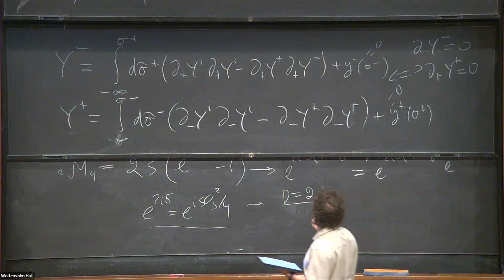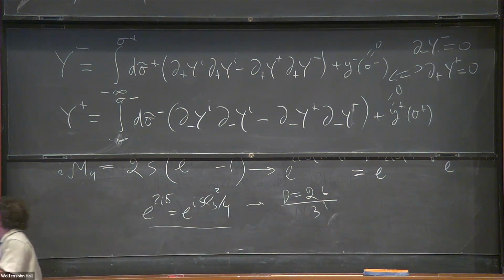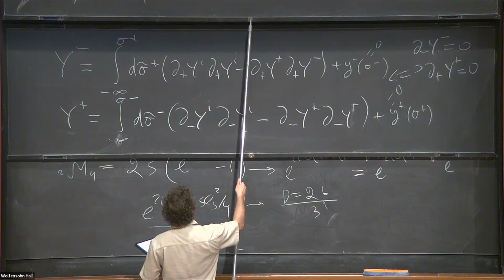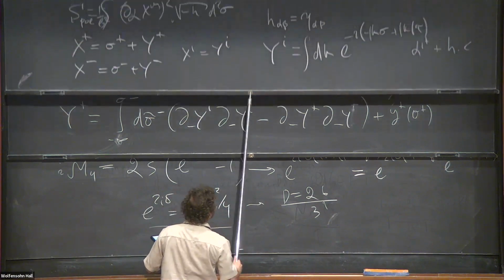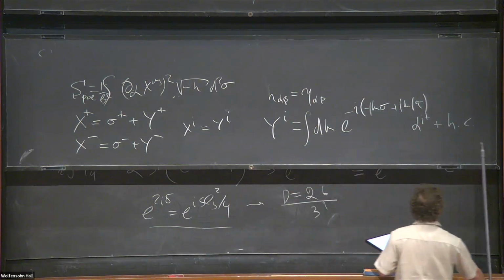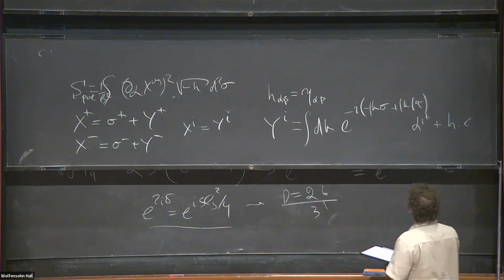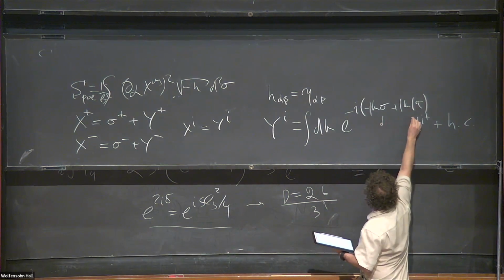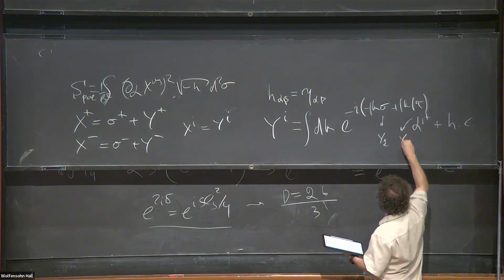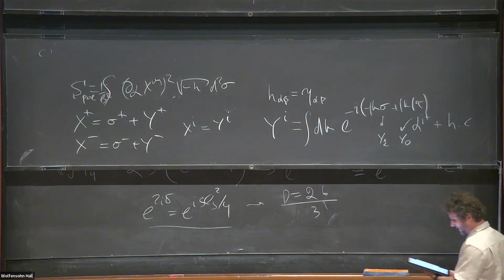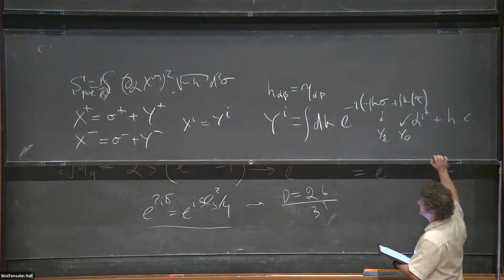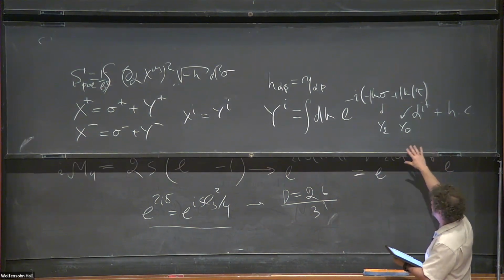So what we need to do to extract the S matrix, using this switch to physical coordinates, is to replace sigma and tau in this expansion with y1 and y0.